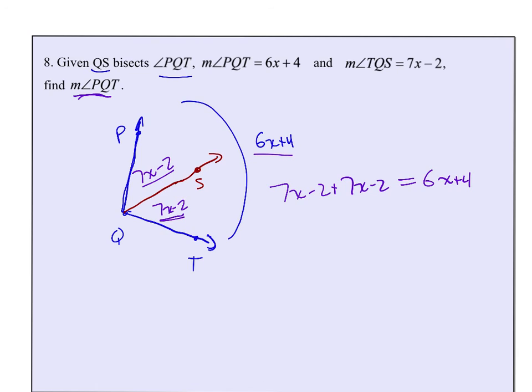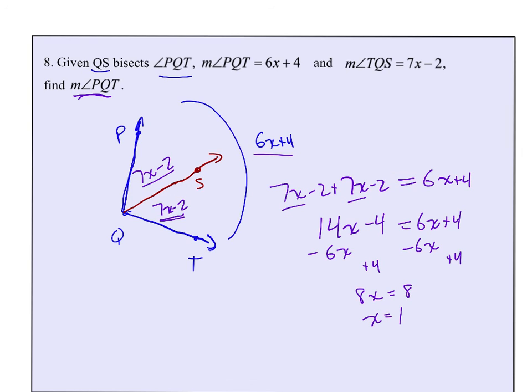So what happens now? Well, I do a little simplifying. 14x minus 4 equals 6x plus 4. So now it's back to algebra skills. So that's 8x equals 8. So x equals 1. Very nice.